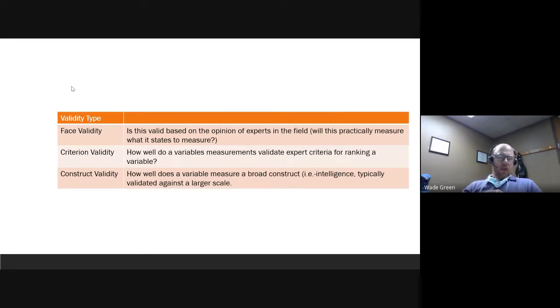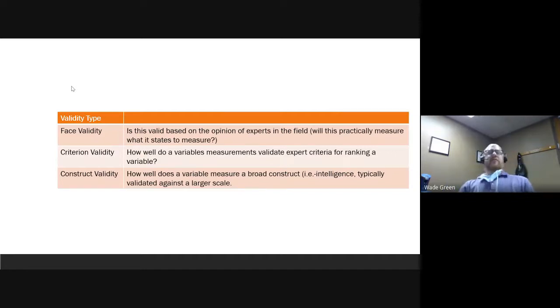A well-trained pilot who's considered an expert in his field may look at that instrumentation and tell you that it has very limited face validity because it's not applicable to experts in the field. And because this instrument that you have developed does not actually contain a true simulation of a commercial aircraft, it will not appropriately measure a pilot's ability to operate that aircraft. So that's an example of face validity.